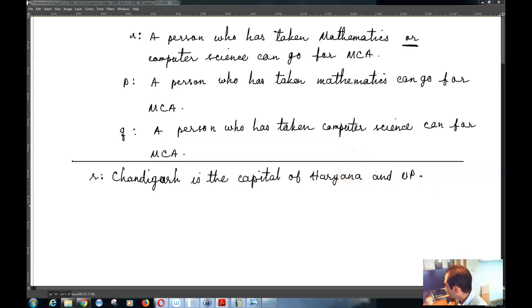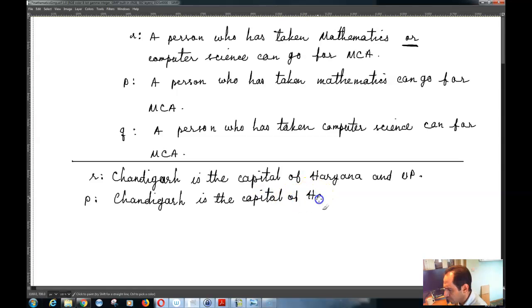The component statements here are P, Chandigarh is the capital of Haryana, and Q, Chandigarh is the capital of Uttar Pradesh.